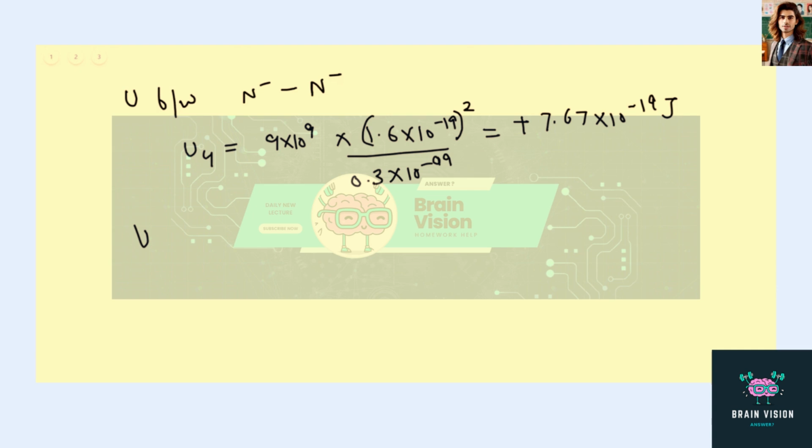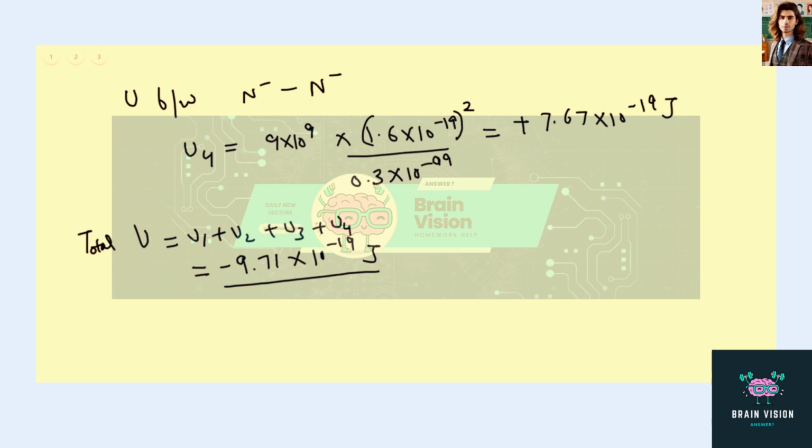Now the total potential energy: total U equals U1 plus U2 plus U3 plus U4. Putting in the values, you will find this equals minus 9.71 times 10 to the power minus 19 joule. Minus simply says that the system is bound. That's your answer for part A.